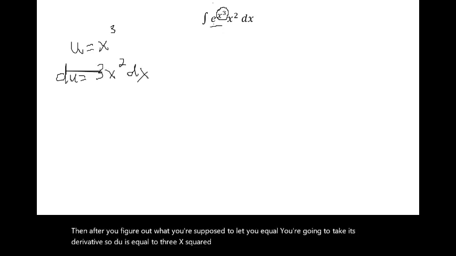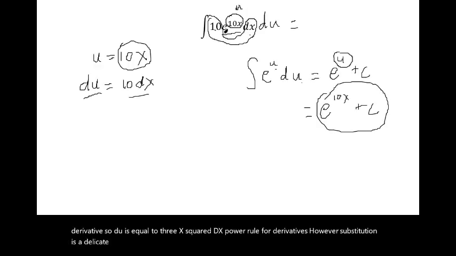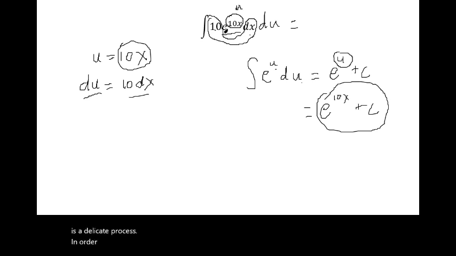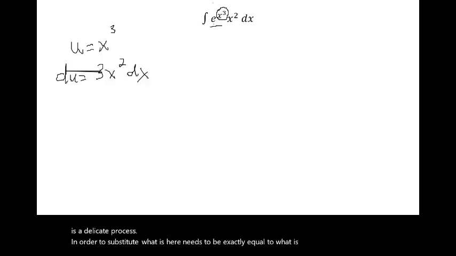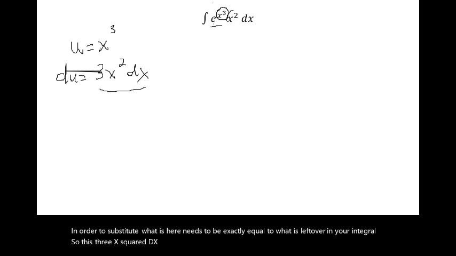Power rule for derivatives. However, substitution is a delicate process. In order to substitute, what is here needs to be exactly equal to what is left over in your integral. So this 3x squared dx is not exactly equal to what's left over. What's left over is only the x squared dx.